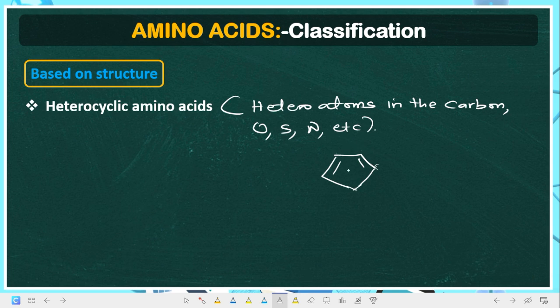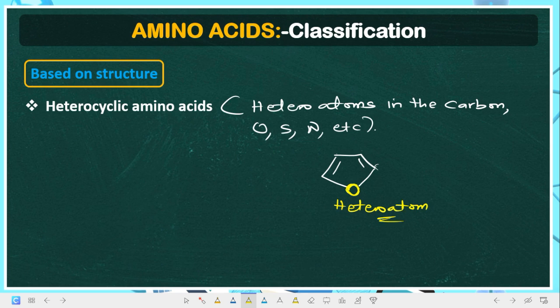Instead of having a carbon here, how about if we have oxygen here? Now this oxygen becomes a heteroatom. Are you getting the point now?